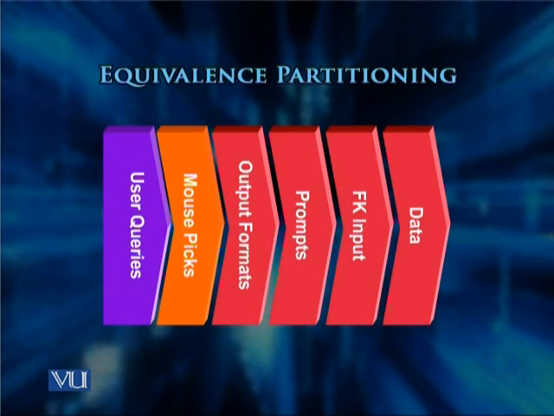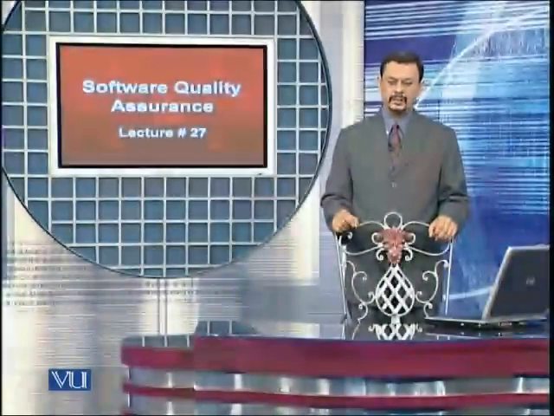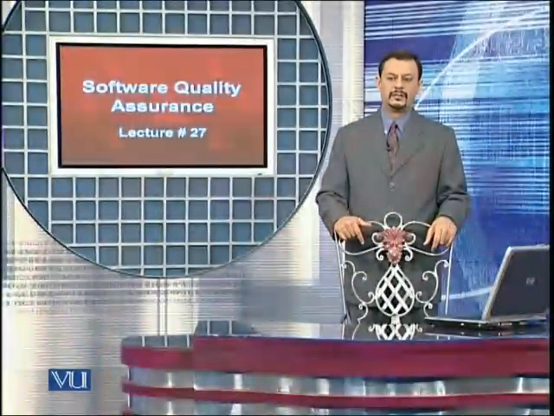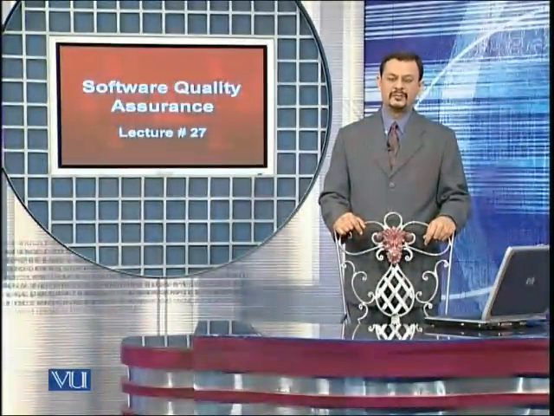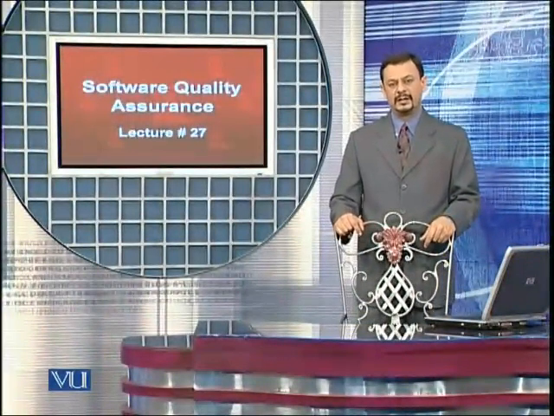Then you have function key inputs and data as another partition shown here. What this picture shows you is that all different classes of inputs and outputs have been separately partitioned.